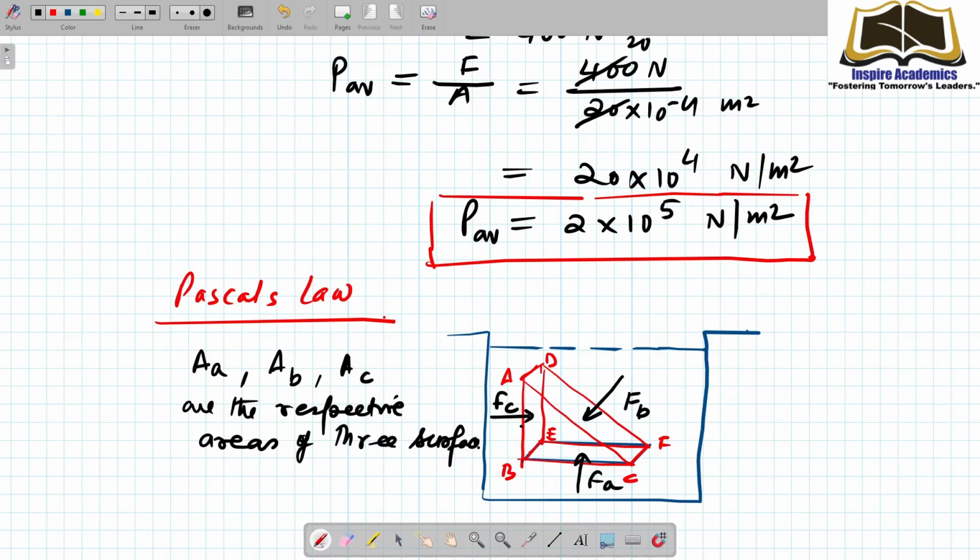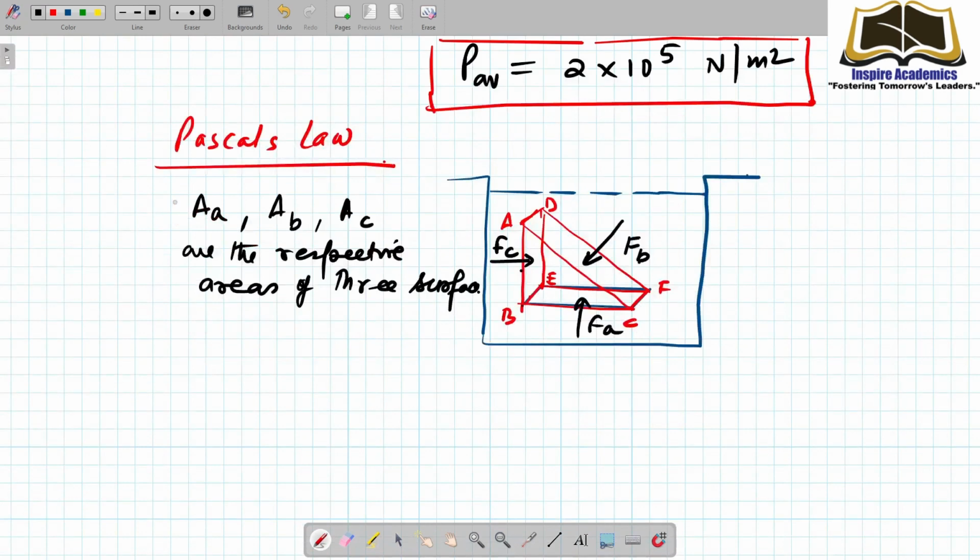Okay, then if you pay little attention, let us say that this angle could be some angle, and this angle would be a certain angle. Let's say this is theta 1 and this is theta 2.